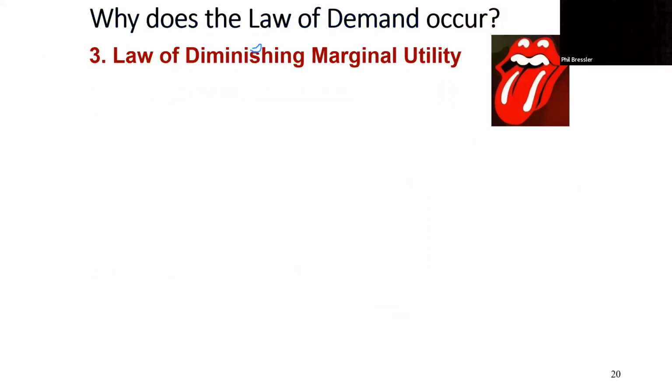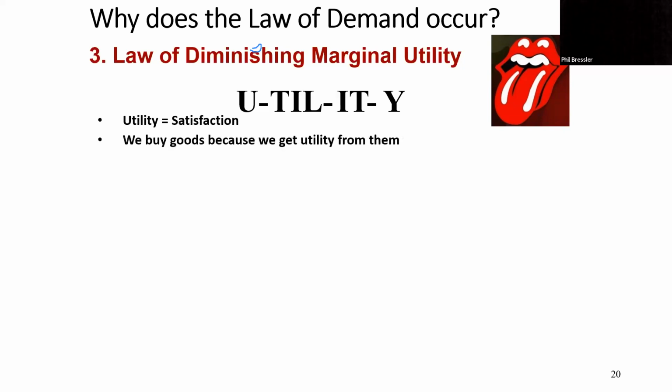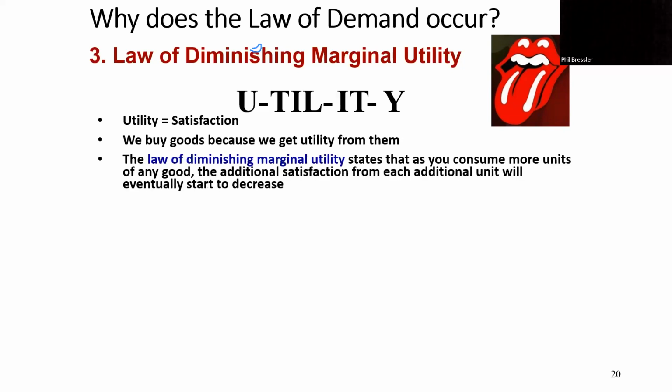Third is the law of diminishing marginal utility. Remember, marginal means additional, and utility is satisfaction. And this goes more to what Paul said. The law states that as you consume more units of any good, the satisfaction is going to go down.